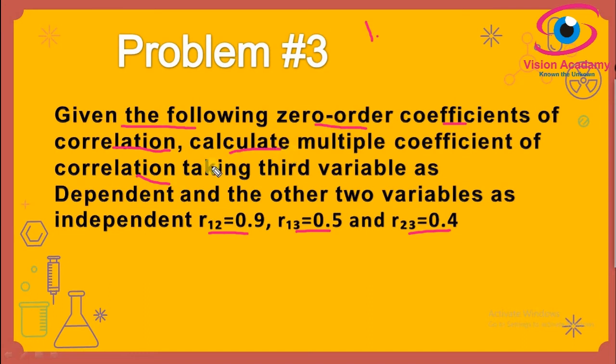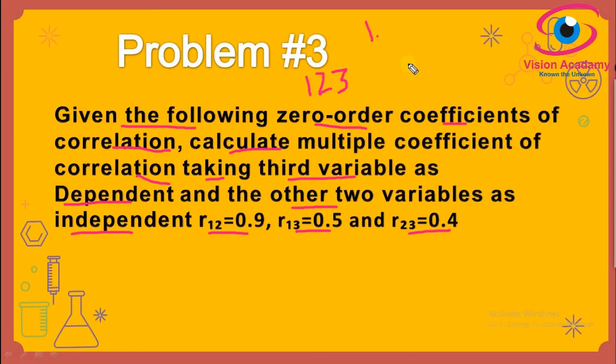Very importantly, take the third variable as the dependent variable and the other two variables as independent variables. This is very simple and tricky too. In multiple correlation we have three variables, 1, 2, 3. So how do we use this?